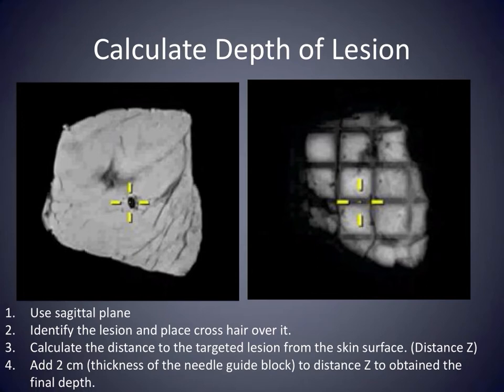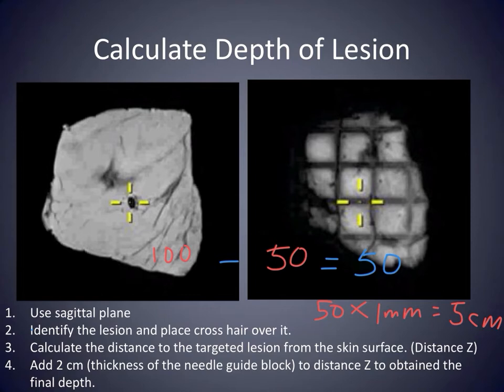So for example, if the slice number of the target lesion is at 100 and the skin surface is at slice number 50, then the difference is 50 slices. If each slice thickness is 1 millimeter, that means the depth of this lesion would be 5 centimeters.